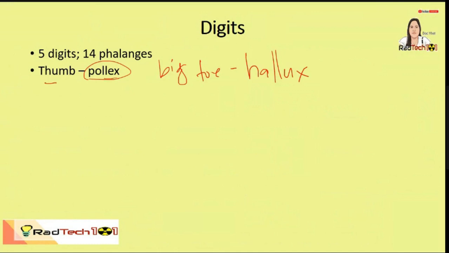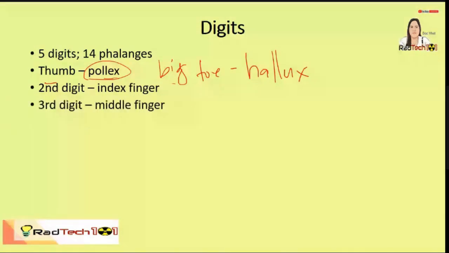The big toe is hallux. I have mentioned this earlier. The second digit is your index finger. Third is your middle finger. Fourth is your ring finger. And fifth is your pinky finger or your little finger.